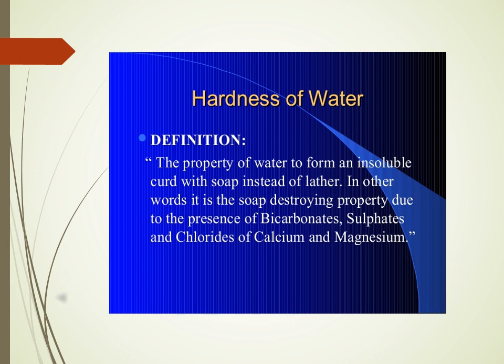Now, one thing you know is that hardness is caused by the soluble salts of calcium, magnesium or other ions like iron, manganese, sodium, chlorides, nitrates etc. One important thing is that the degree of hardness of water depends upon the type of impurities present in the water and the amount of the impurities present in the water.